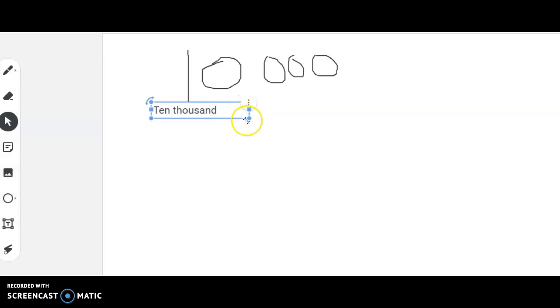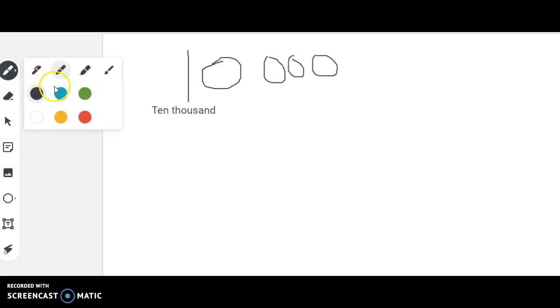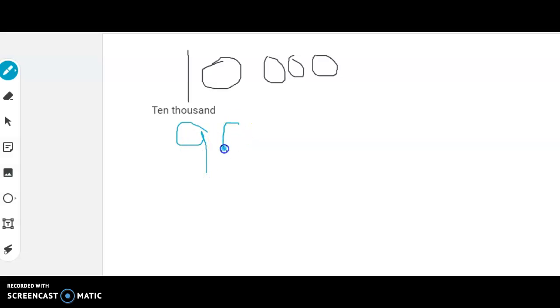With 10,000, are there any other numbers that we could have? Any numbers that may be higher or lower than 10,000? What comes before 10,000? Who knows? 9,999.